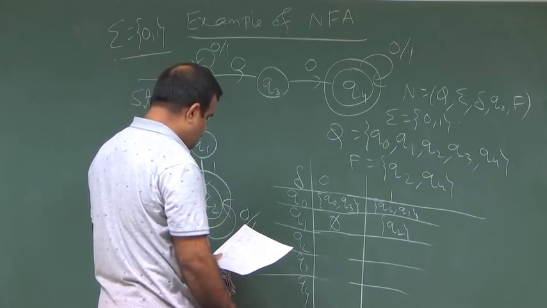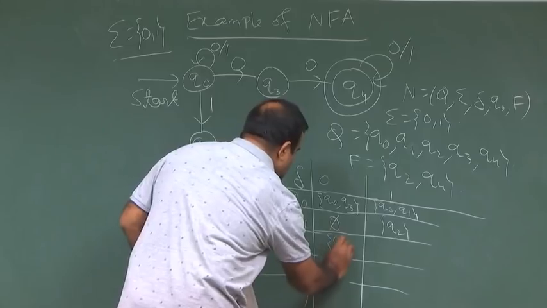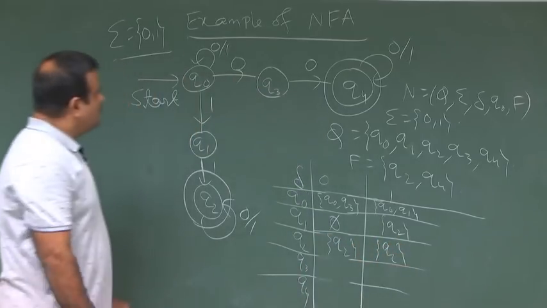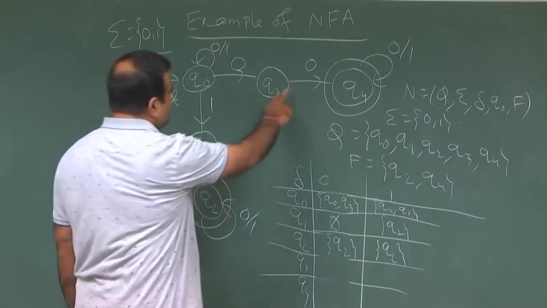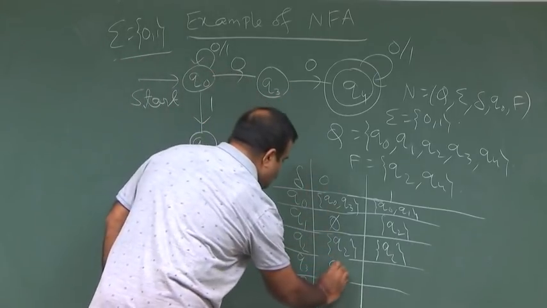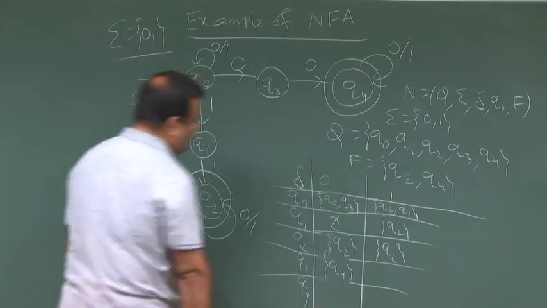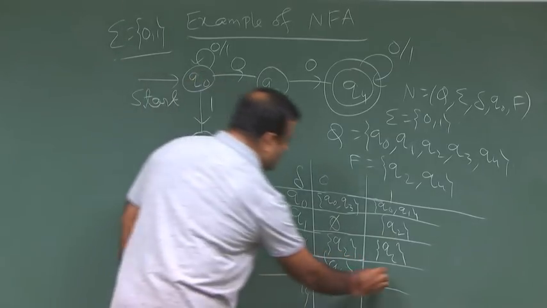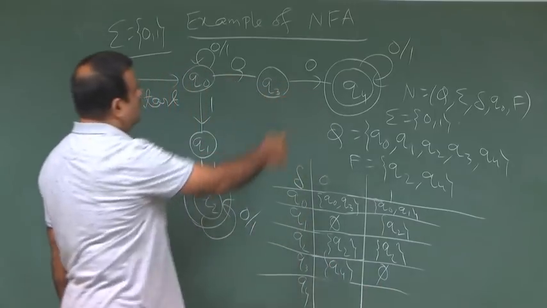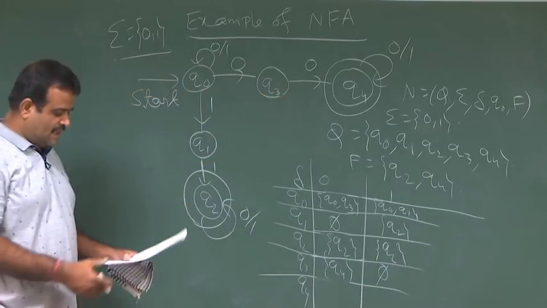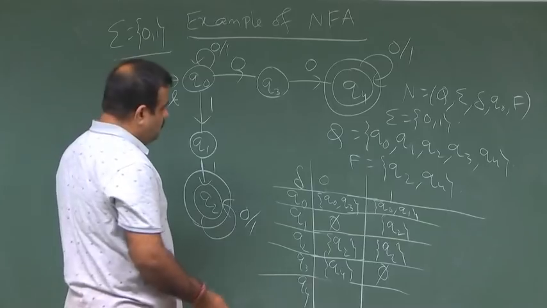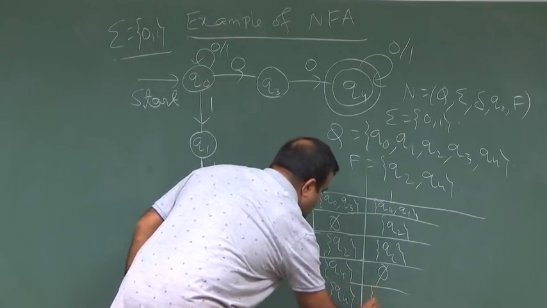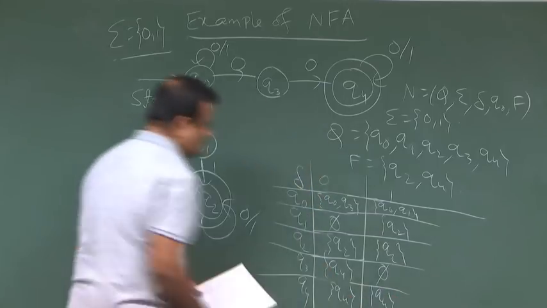From q 3, we have a 0 move, it is going to q 4, but we have no move for 1, so it is empty. And from q 4, everything goes to q 4 again.